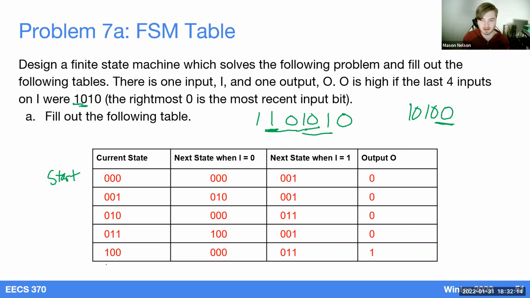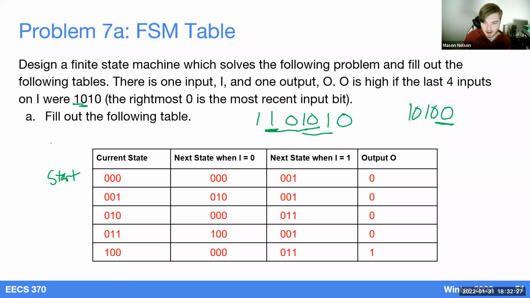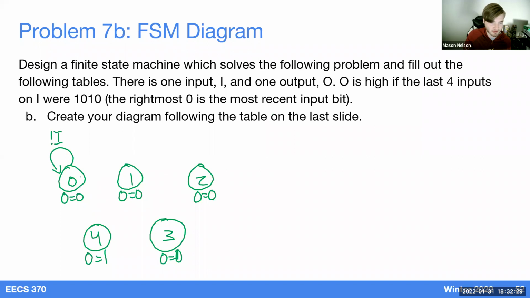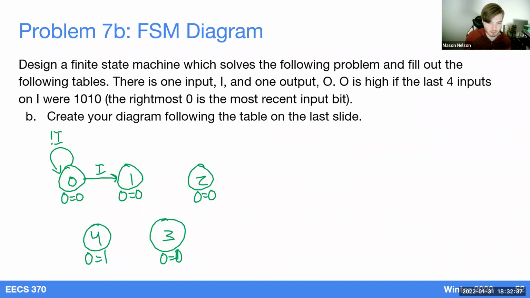And now we just have to copy our transitions. If I is a 0, or not I, we'll go back from state 0 to state 0. I'm going to denote that with a not I. Otherwise, if I is a 1, we'll move from 0 to 1. Looking at state 1, if it's a 0, so if not I, we'll move on to state 2.